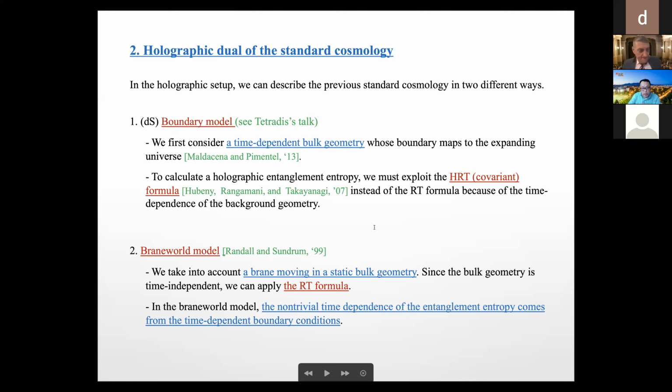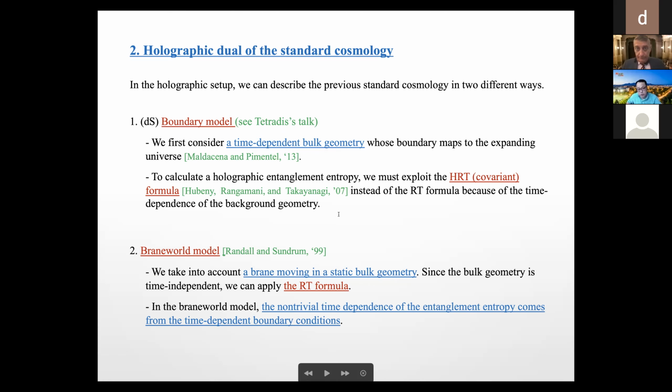In the boundary model case, we first consider a time-dependent bulk geometry. Because the bulk geometry is time-dependent, the boundary is also time-dependent. This time-dependent boundary geometry can describe the expansion of the universe if we live on the boundary.